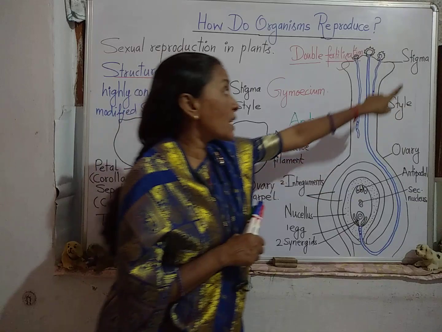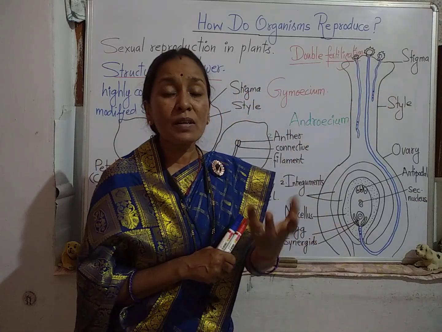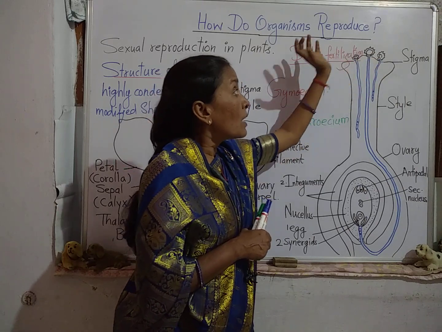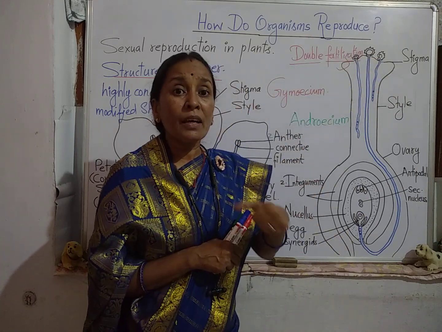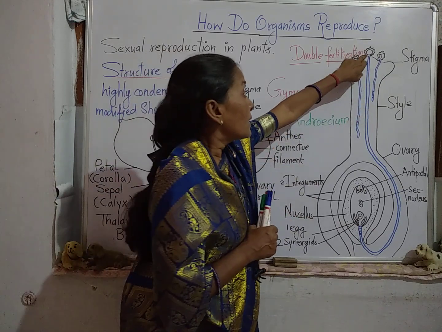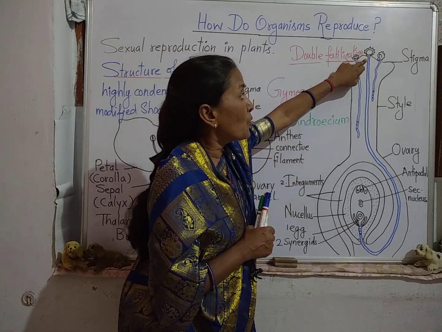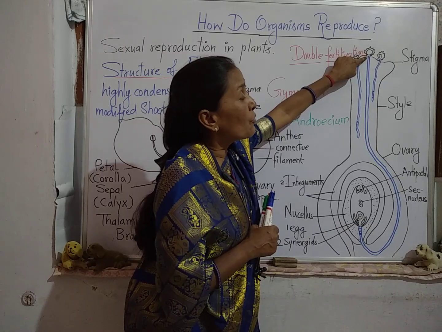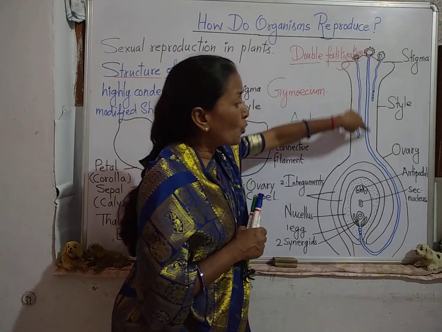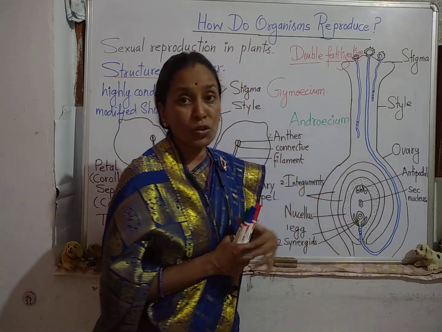Please note it, the stigma is porous in nature, its wall is porous, and the humidity of the surroundings enhances the germination of pollen grains. After the germination of pollen grains, the inner wall of the pollen grain, that is intine, protrudes in the form of a long tube.